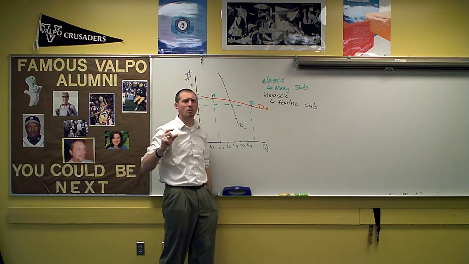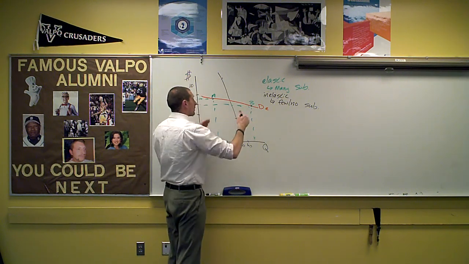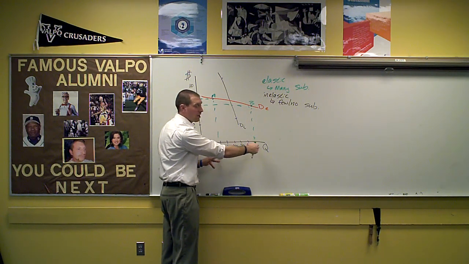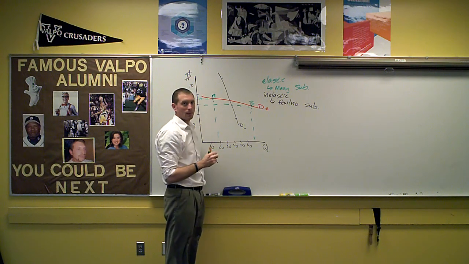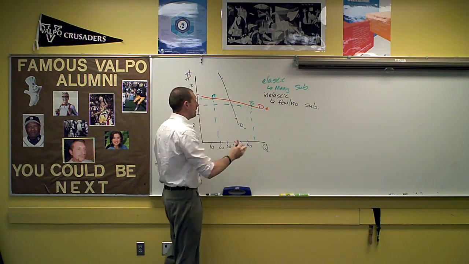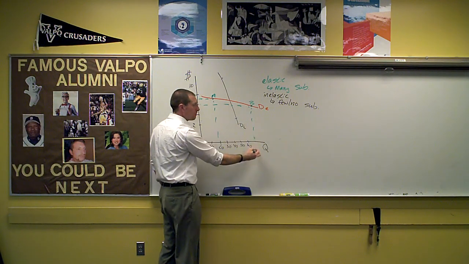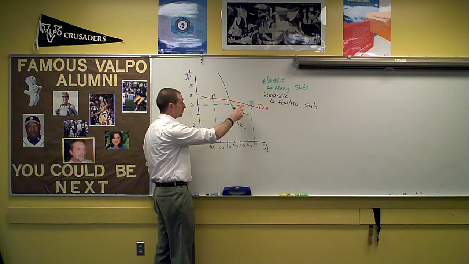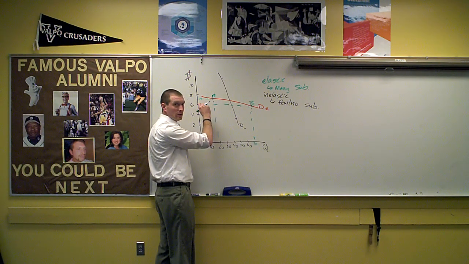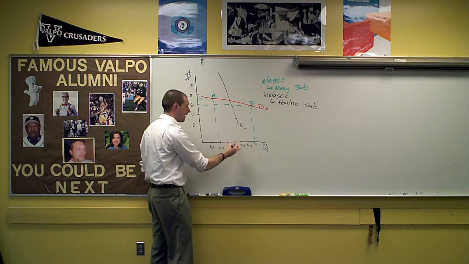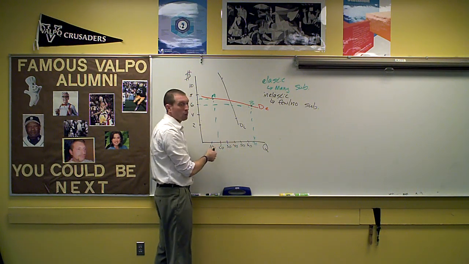So a relatively small increase causing a disproportionate decrease in quantity demanded. At point B our quantity demanded was roughly 70 units, and that comparatively small change in price has caused quantity demanded to decrease from 70 down to maybe 15 or 20.